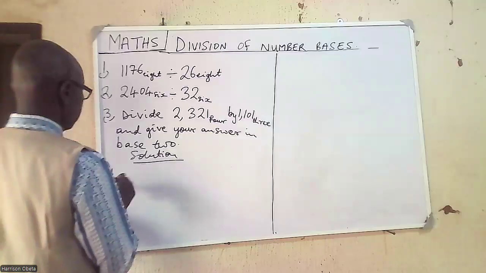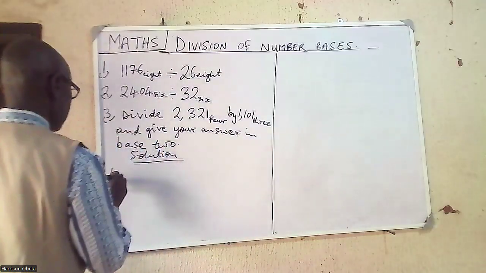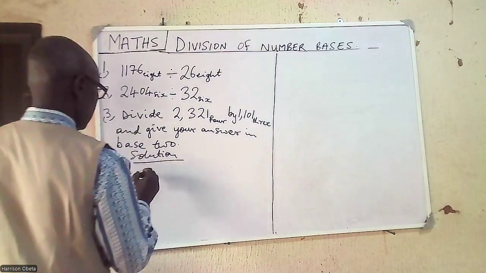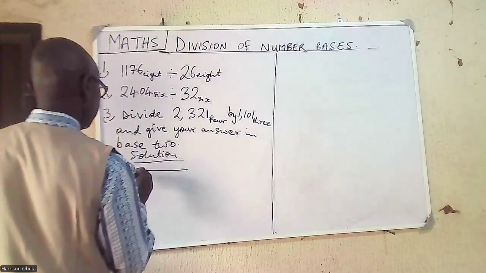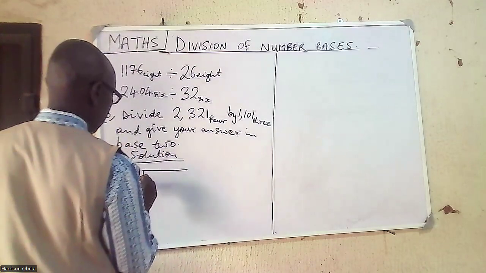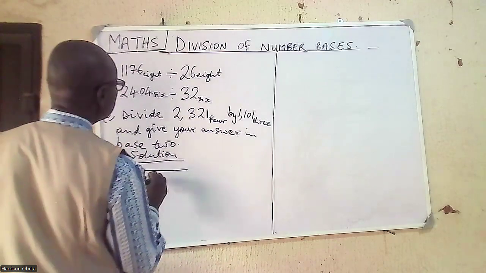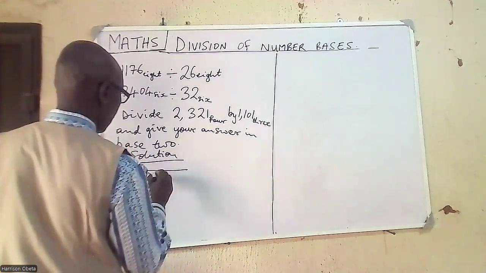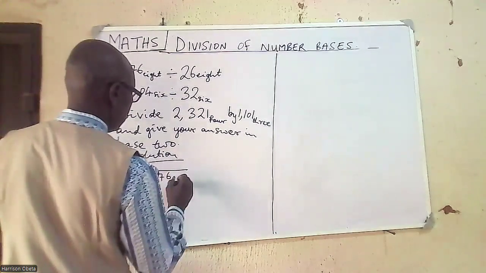Number 1 says that we have to divide this by this, so we use our long division method. We have 26 base 8, then 1176 base 8.